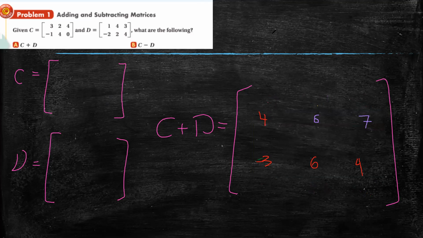And since the first dimension was 2 times 3, the combined matrix must also be 2 times 3. This is how to add them.